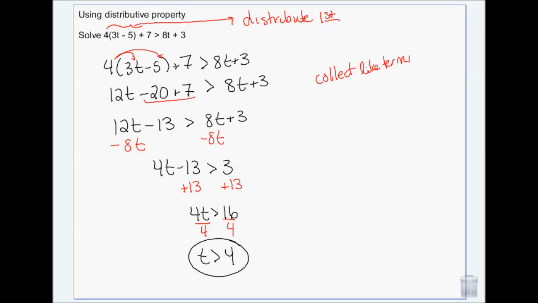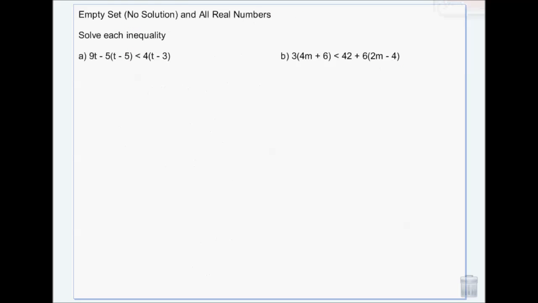Inequalities can also have no solutions or all possible solutions. So this occurs, first we have to try to solve the inequality. So I'm going to distribute that negative 5 and the 4. So I get 9t minus 5t plus 25 is less than 4t minus 12. 9t minus 5t is 4t. So I get 4t plus 25 is less than 4t minus 12.